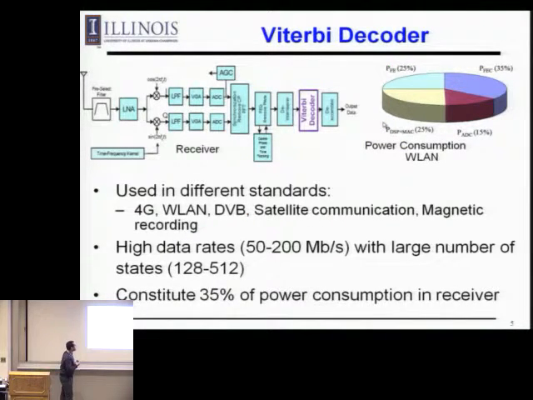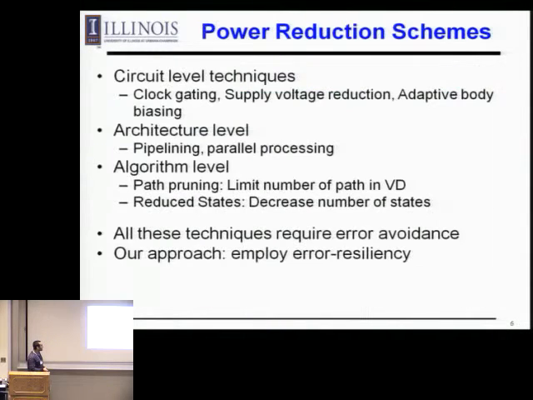Why we choose the Viterbi decoder as a test case: it is used in different communication standards such as fourth generation LTE and WiMAX, and magnetic recording standards. It's usually required to support high data rates with a large number of states. For example, in a wireless LAN receiver, it constitutes 35% of the total receiver power.